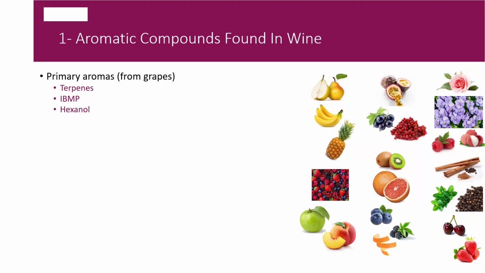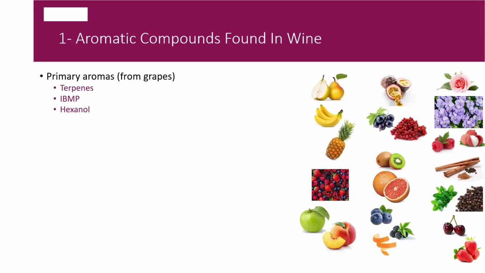Usually these are aromas that are formed early in the ripening of the grapes, and then they decrease. So when you harvest a little bit earlier, you will find more of these aromas in your grapes, in your Sauvignon, for example.